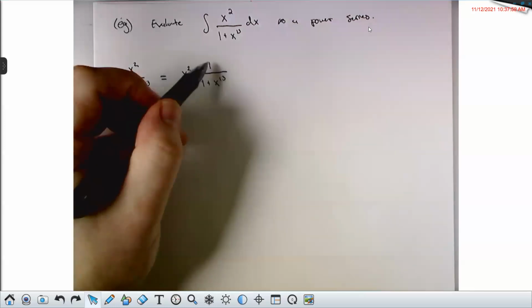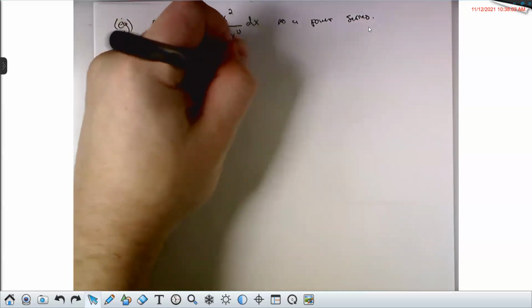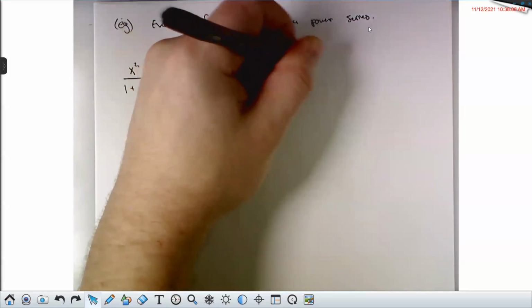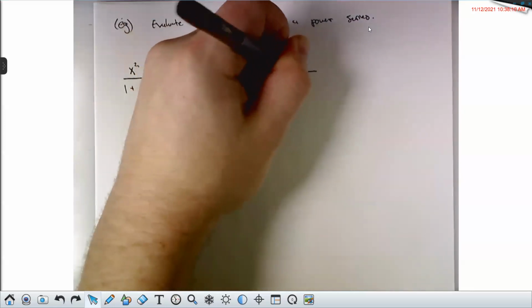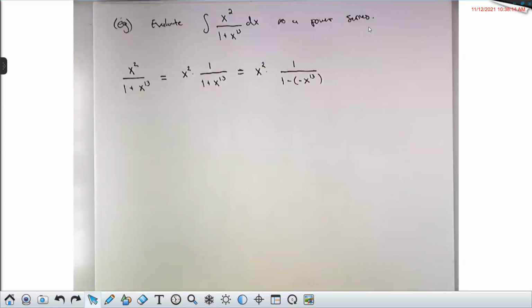Now I've got 1 divided by 1 plus something. The only thing I need to do to get this into that 1 over 1 minus u form is write that as 1 over 1 minus negative x to the 13, right? Subtracting a negative is the same as adding a positive.